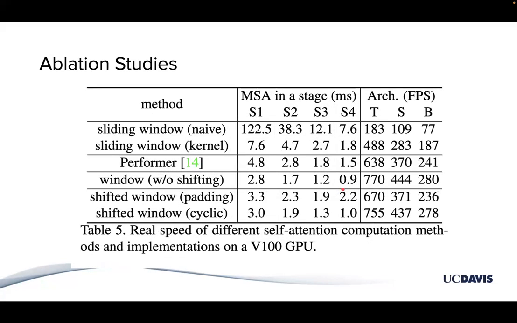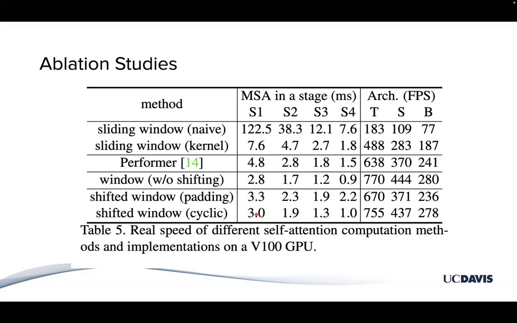Then they conducted another ablation study on the sliding window model, the sliding window kernel, and they reported the training time taken and the FPS achieved. As we can see, the latency significantly decreases compared to using the sliding window model here. Whereas here it is in the order of 130, and here it is 3 and 1.9.